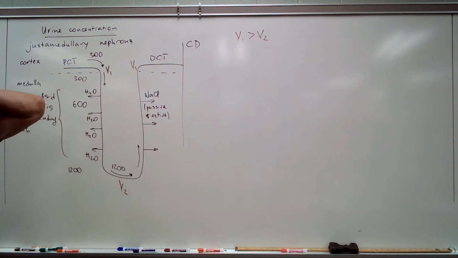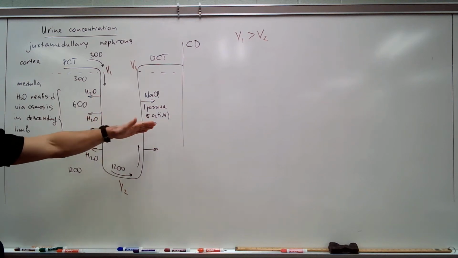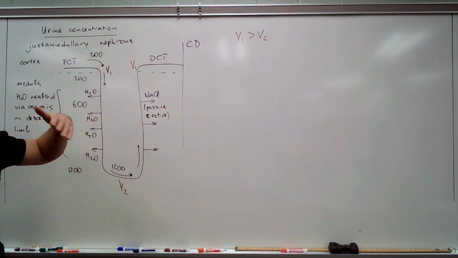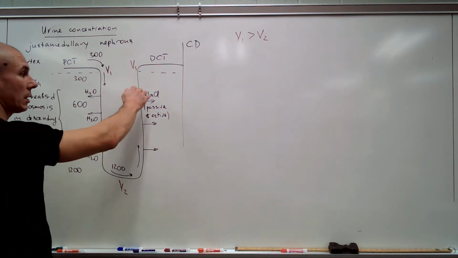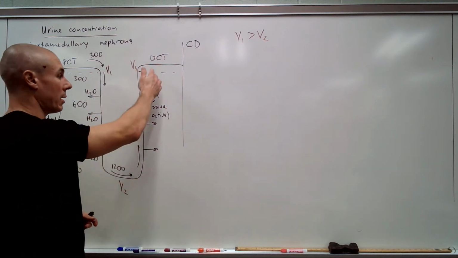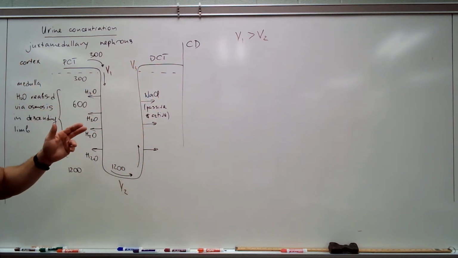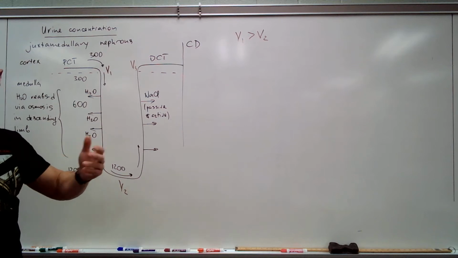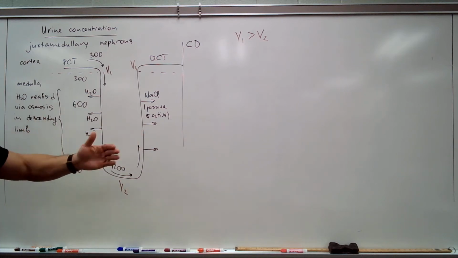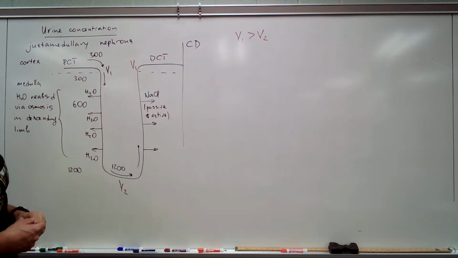Now, to kind of spoil it, there's also a secretion of urea into the filtrate. So all of it creates that hyperosmotic environment. Now, as sodium chloride is being reabsorbed in the ascending limb, what happens to the concentration of the filtrate?